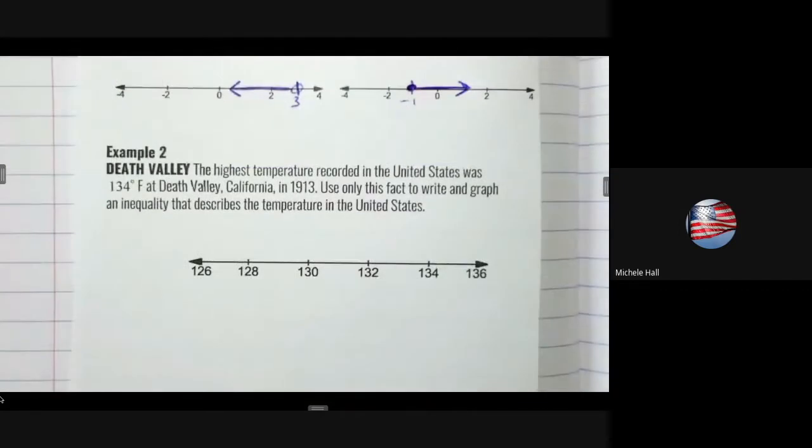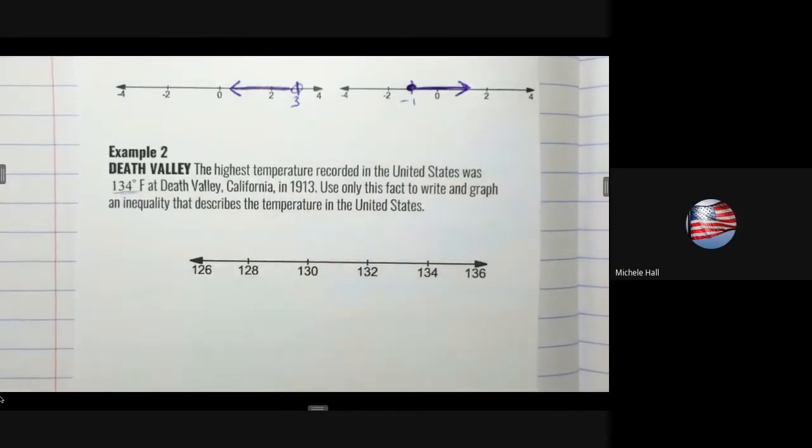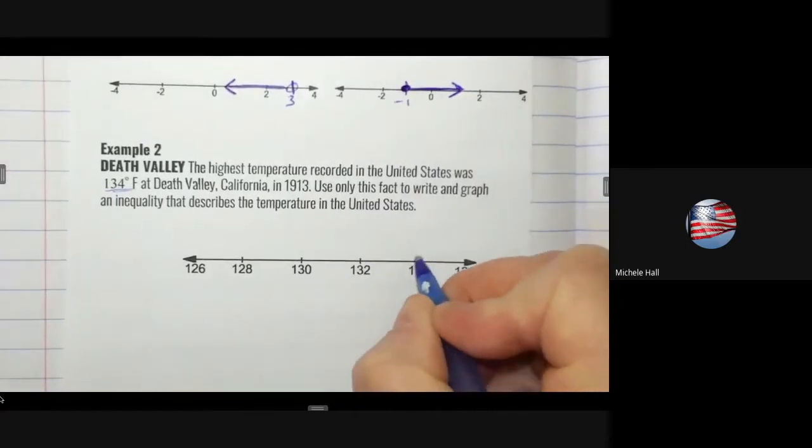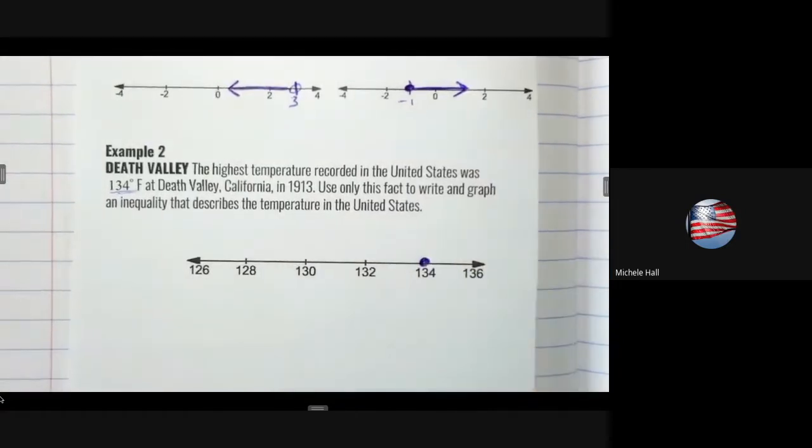Example 2. The highest temperature recorded in the United States was 134 degrees at Death Valley, California in 1913. Use only this fact to write and graph an inequality that describes the temperature in the United States. So it was the highest temperature at 134. It was 134. And that was the highest that it was. So what other temperatures would it be?